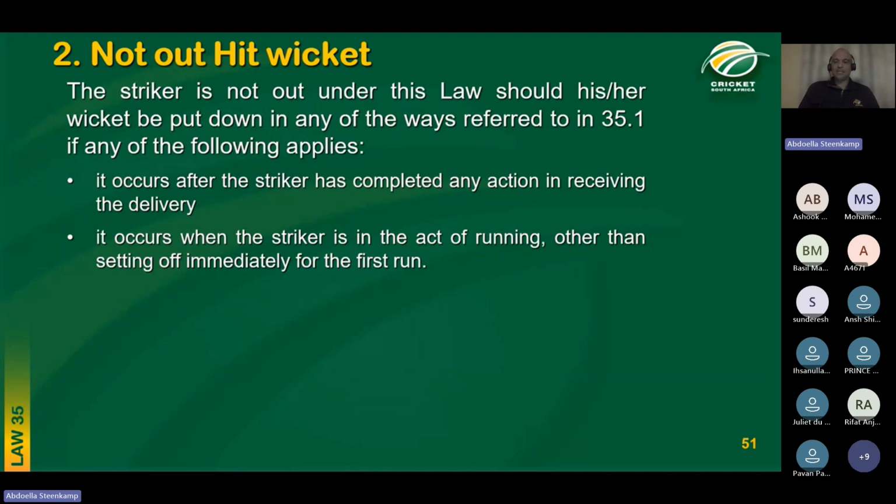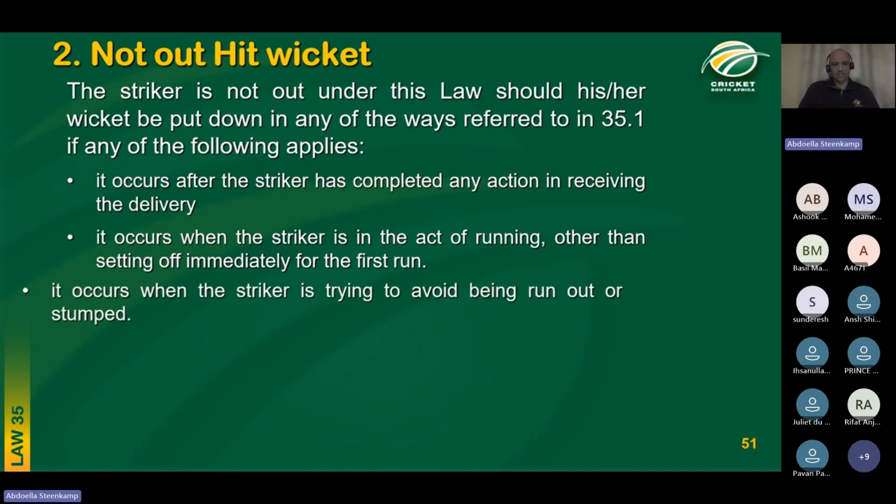It needs to happen in the striker setting off immediately for that first run. Yes, the striker's bat did clip the bails and the bails are on the floor, but it needs to happen in that first run. The striker here was busy completing the second run. So the striker cannot be given out hit wicket if they do put the wicket down and it's not immediately setting off for that first run.